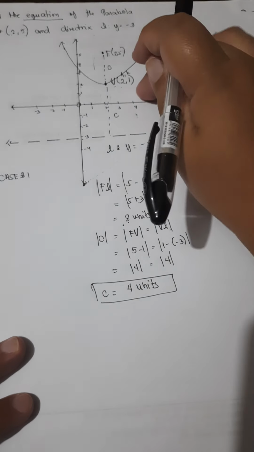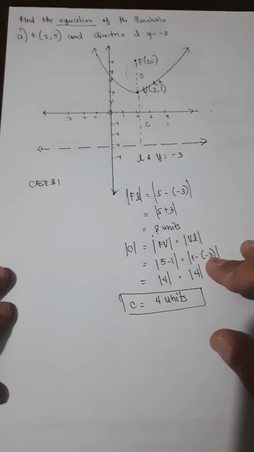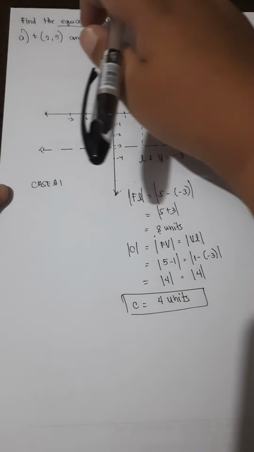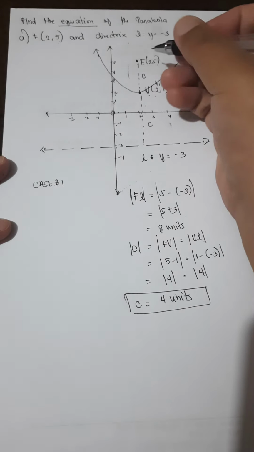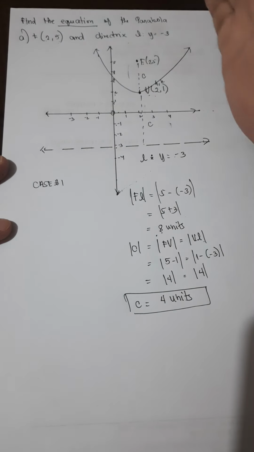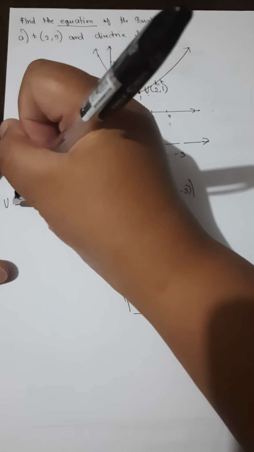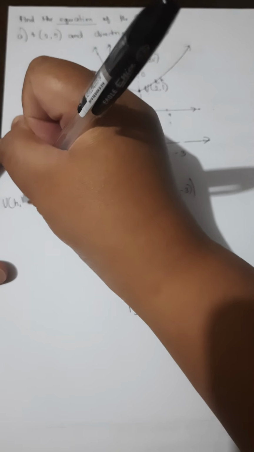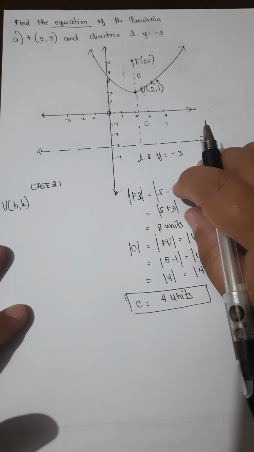So, since meron na tayong vertex at meron na tayong c value, you can now start getting now the equation of the parabola. So, in case number 1, since your parabola opens upward, so your vertex h and k, okay? So, ano ang magiging equation natin?